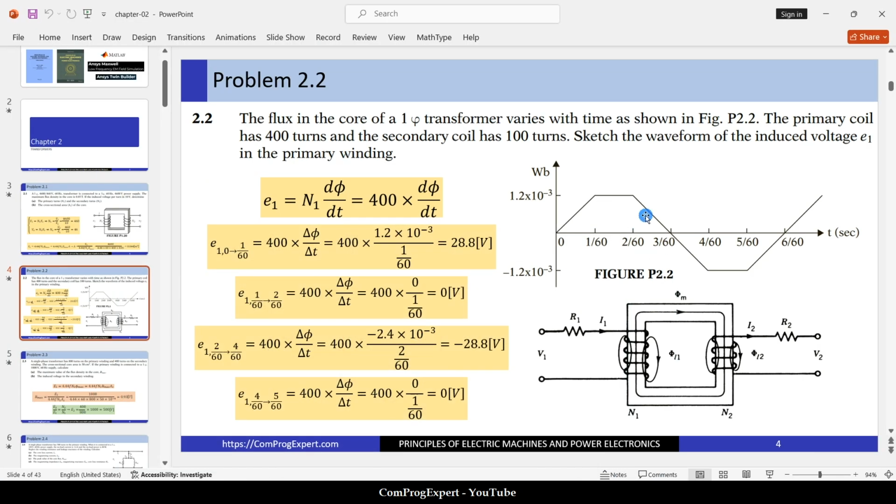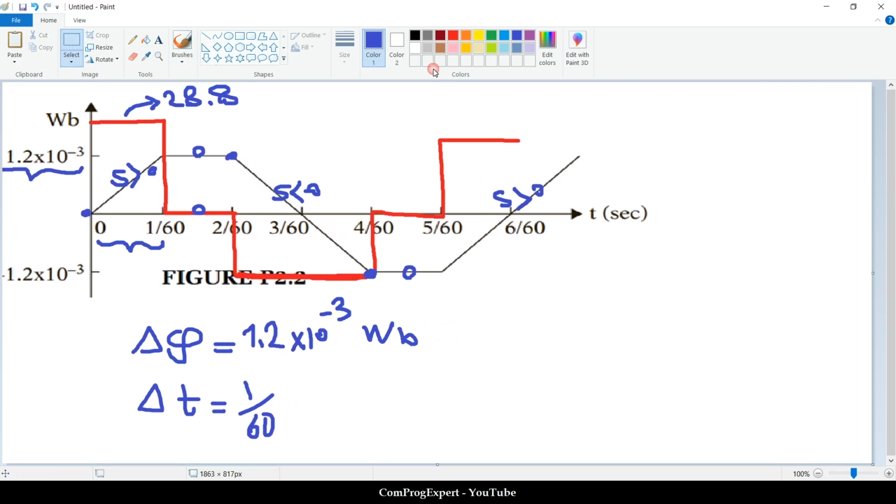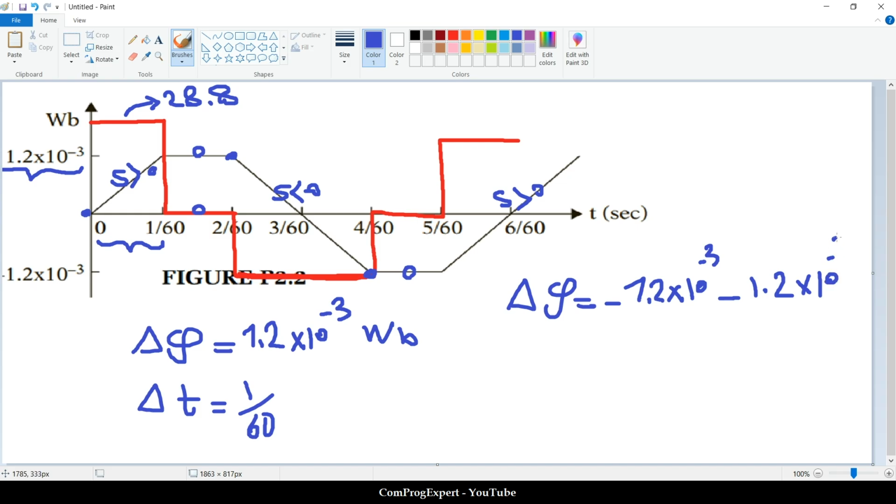And in the next interval, this one, interval 2 divided by 60 to 4 divided by 60, how much variation in the flux do we have? From this number to this number. So delta phi will be equal to this number, negative 1.2 times 10 to the power negative 3, minus 1.2 times 10 to the power negative 3.